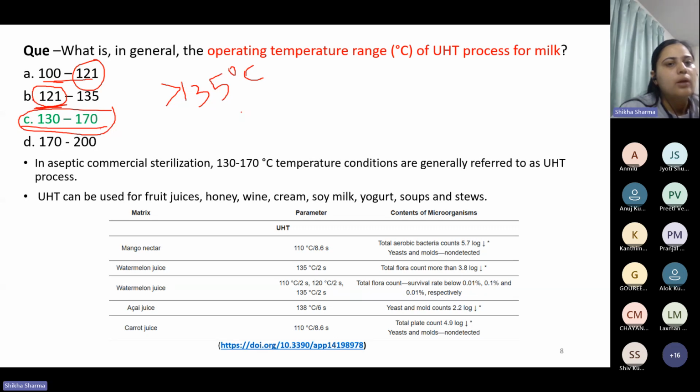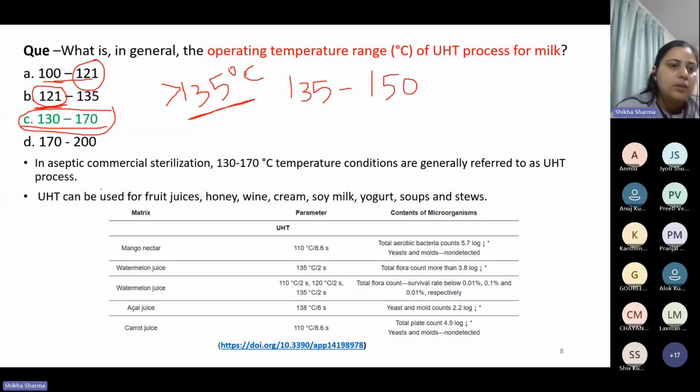So this option is correct. Usually in the industry, we mostly use a temperature of 135 to 145 or 150, either 145 or 150, 155 until this UHT temperature can be used.